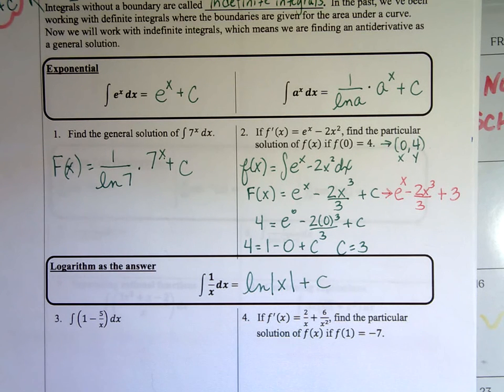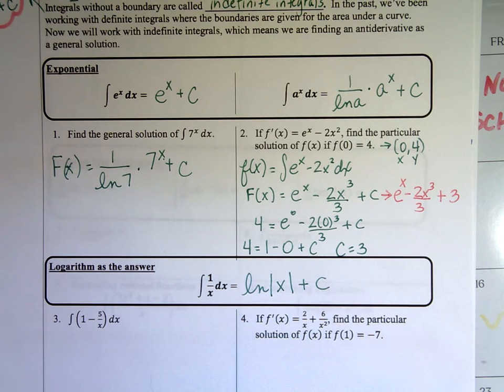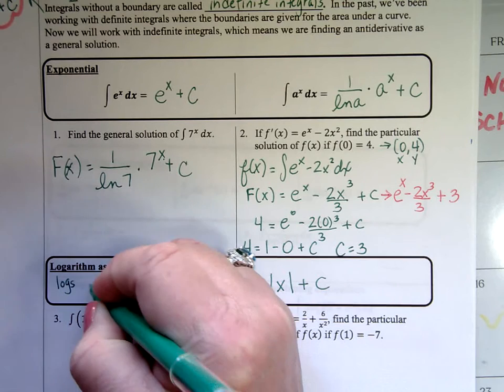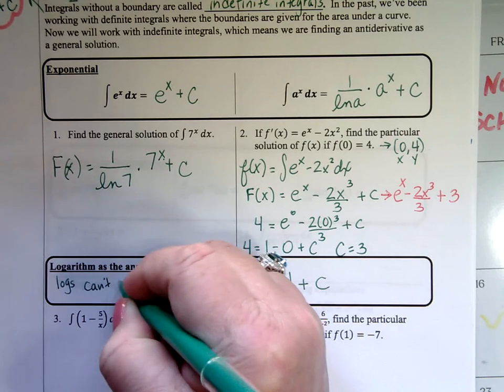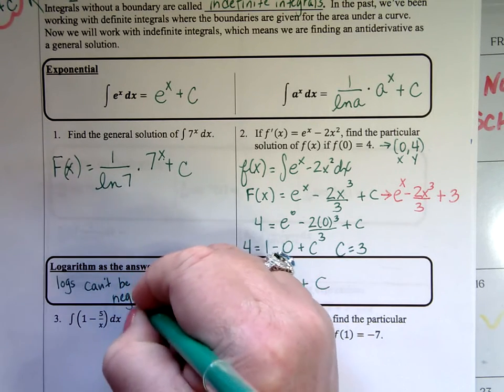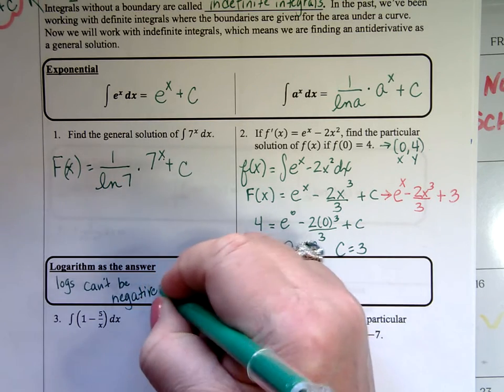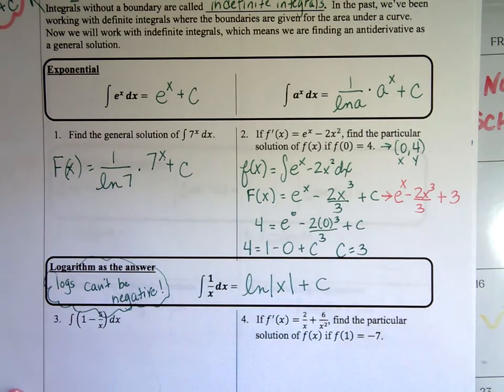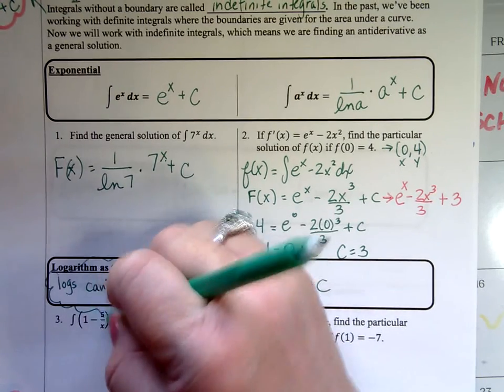So anytime you have a natural log as part of your function, it's going to be with absolute values in the midst. Because you know that logarithms, I'll make note of it, logs can't be negative. And since they can't be negative, they just use those absolute values to get around that.